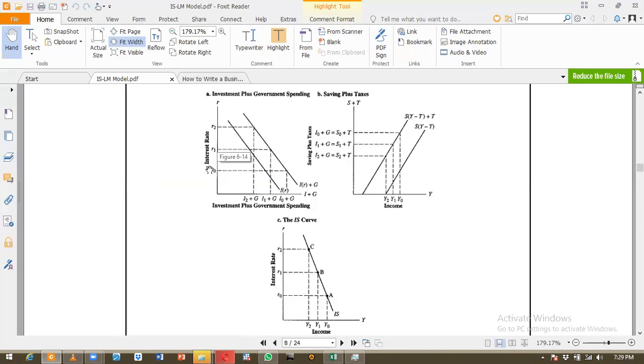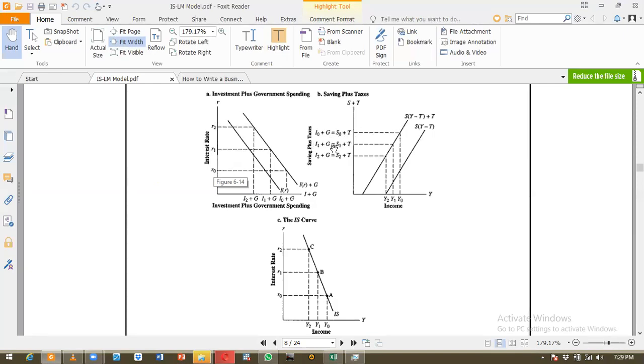If I said that there was an increase in interest, then this is where we are starting from. So this was the initial level of investment and the initial level of savings. G and T are constant. So now an increase in the level of interest rate is going to cause a reduction in investment from I0 to I1.